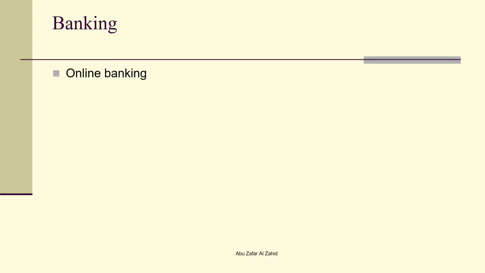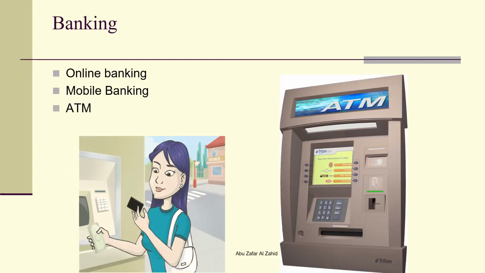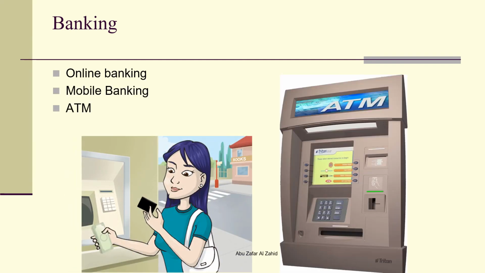The uses of ICT in banking services. There was a time when a man had to go to the specific branch of his bank to withdraw money. Now we do not need to do that. The banks that have online services now allow the account holders to deposit and collect money from any of the branches. Not only this, one can withdraw money at any moment by using ATM cards.